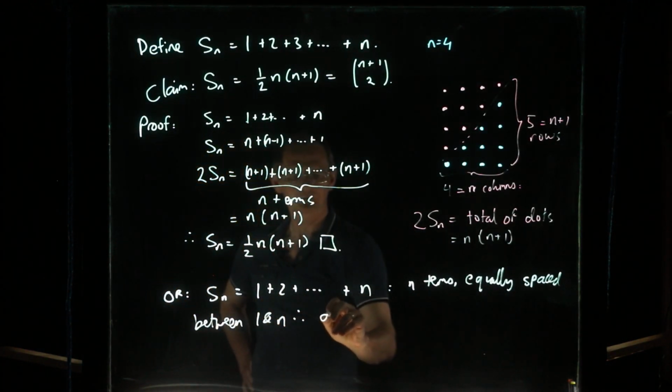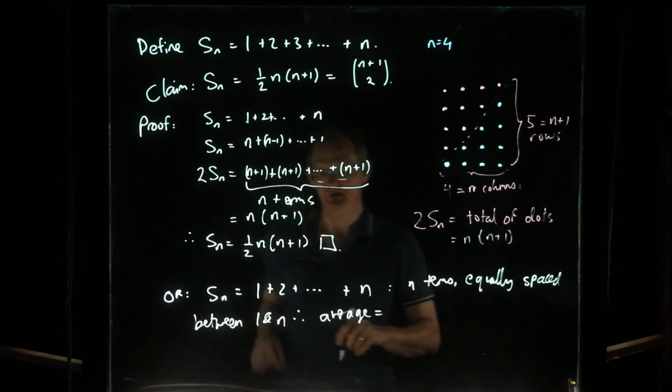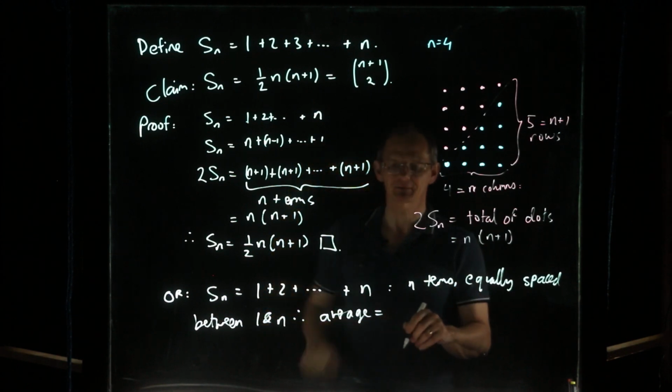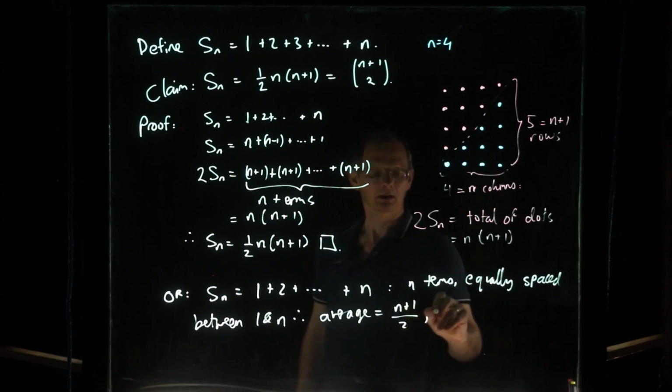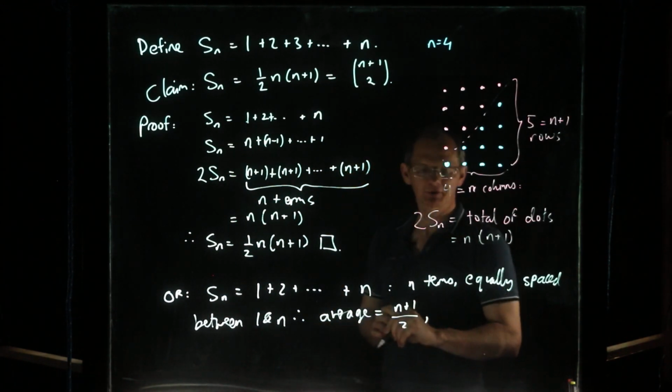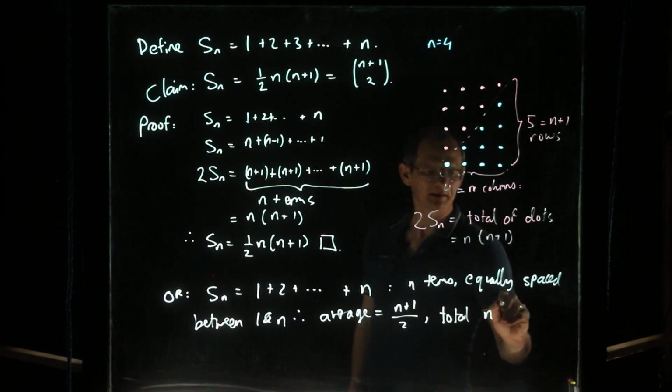So the average of all the terms is just going to be in between the two endpoints, because they're all equally spaced between the 1 and the n. So the average is n plus 1 over 2. And so you've got n terms of average n plus 1 over 2. So the total, again, is n times n plus 1 over 2. The same answer yet again.